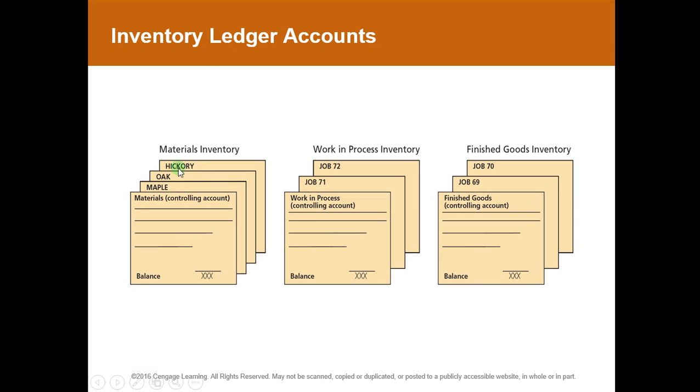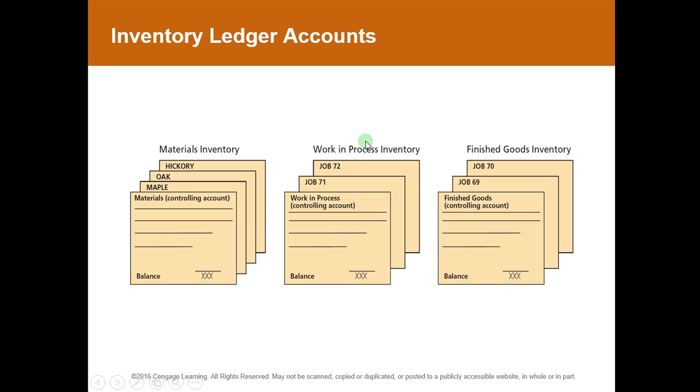But that $2,000 inventory is made up of different types of raw materials. In our example, I may have $1,000 worth of maple raw materials, $500 worth of oak, and maybe $1,500 worth of hickory. So I will have subsidiary ledgers underneath my raw materials listing exactly how much I have of each type of inventory.